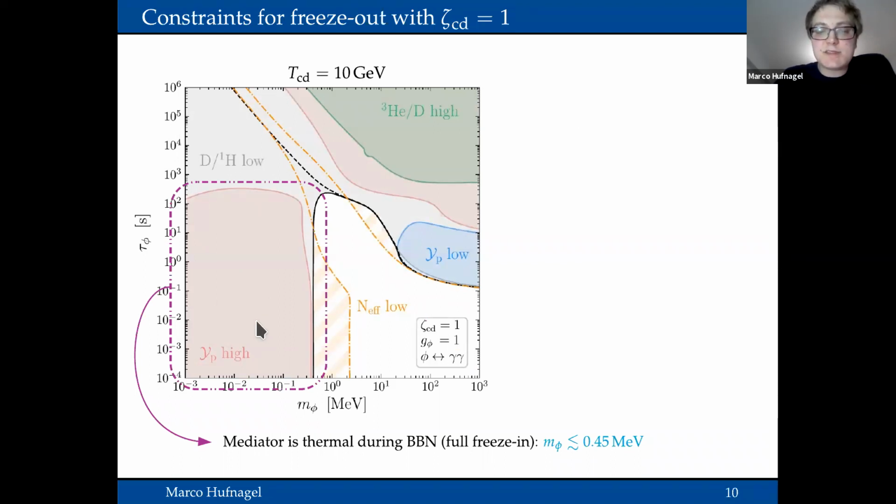And usually that's excluded. The only way to get around this is by making the particle heavy enough so that it becomes Boltzmann suppressed sufficiently long before BBN. And what you find is that you need a particle that's heavier than 0.45 MeV in this case. So everything below this is essentially excluded, because you would just have an additional relativistic particle during BBN.